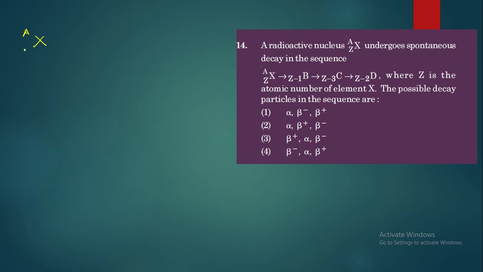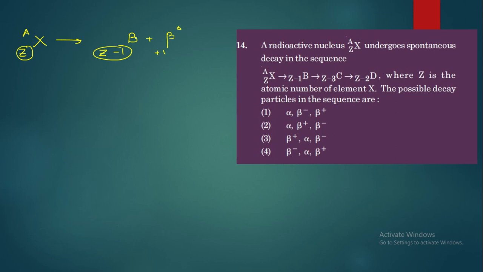First, X to B, and B is given Z minus 1. Since here we have Z, here we have Z minus 1, in this particular reaction there must be a plus 1 something that is emitted.